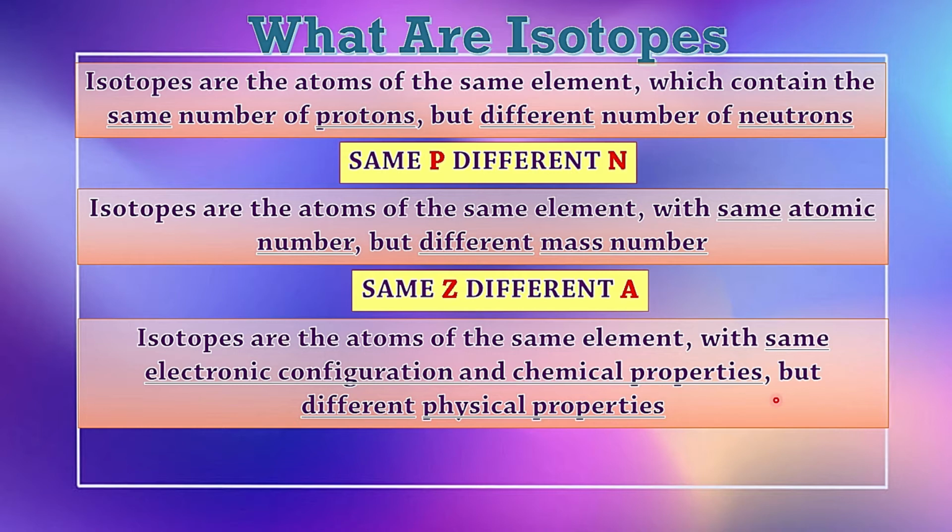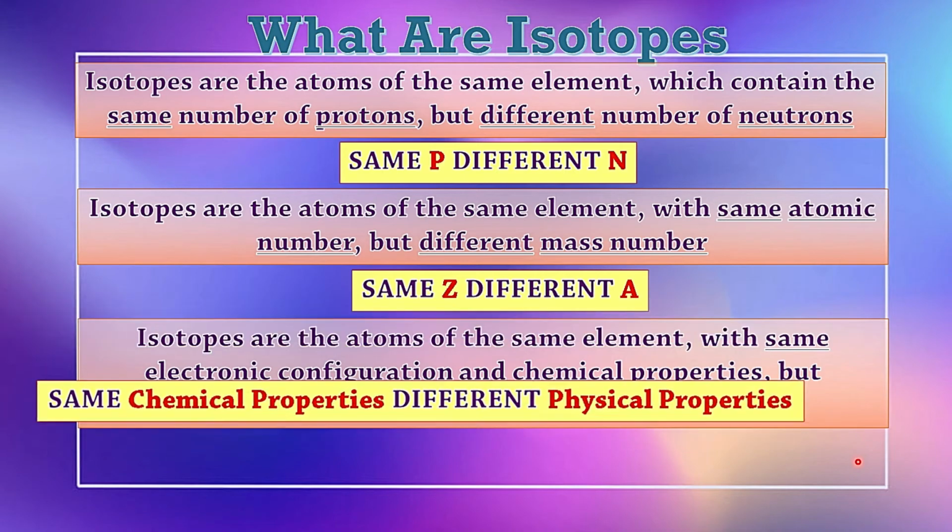By donating, transferring or sharing electrons, any atom can perform a chemical reaction. So the chemical properties and electronic configuration of isotopes remain the same, but the physical properties may differ because physical properties belong to the mass of an atom. By increasing the number of neutrons, the mass will also increase.